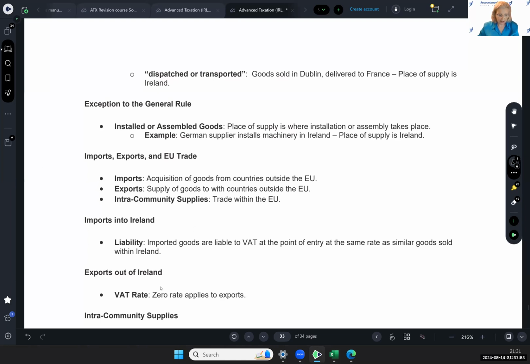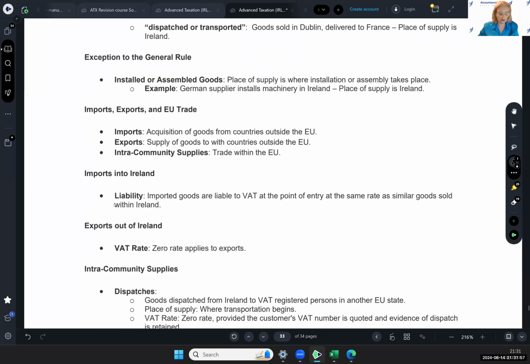So there's information there about imports into Ireland. What's the general treatment? When there's an import, usually those goods are stopped at the docks, and Irish VAT applies at point of entry as if the goods were bought down the street in Ireland. So the same rate applies on imports at point of entry as if you went and bought them in Ireland.